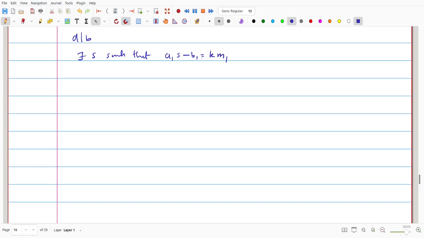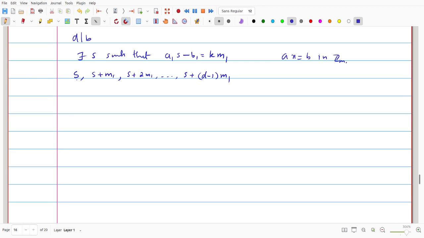So using this s, we can define numbers s plus M1, s plus 2M1, all the way up to s plus D minus 1 times M1. Obviously, all these satisfy the equation Ax equal to B in Zm.